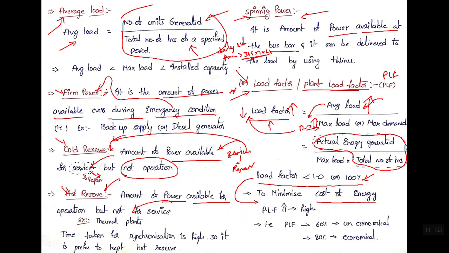That means the number of units generated will be high. If the number of units generated is high, then the cost of the unit will decrease. That means whenever there is a high load factor, the cost will decrease. For example, if the load factor is 80%, then we can say that it is economical.